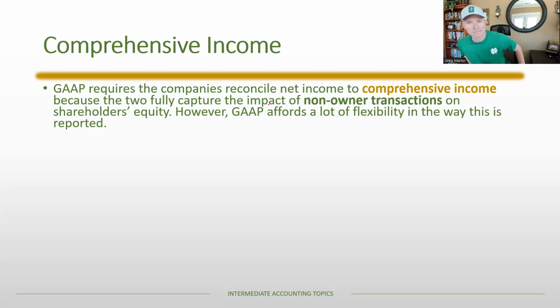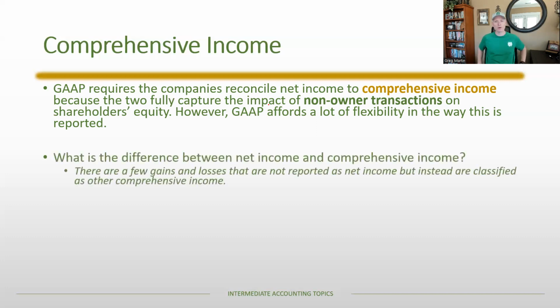The majority of transactions and economic changes are captured in net income, and then there are these other things that are part of comprehensive income. We're going to walk through the difference between the two. It's more conceptual than anything else.